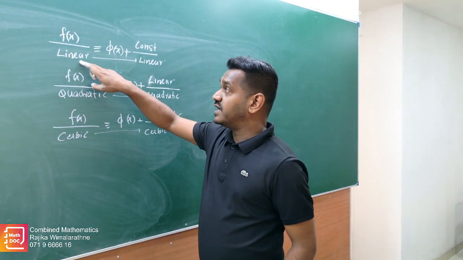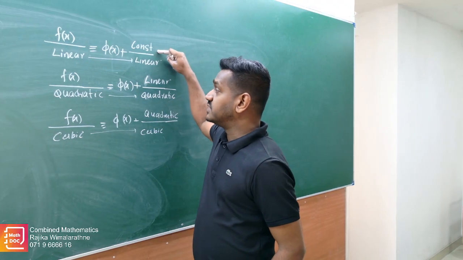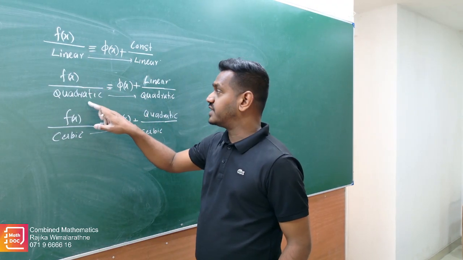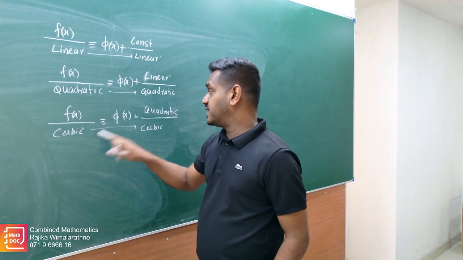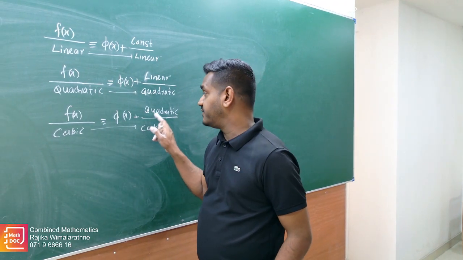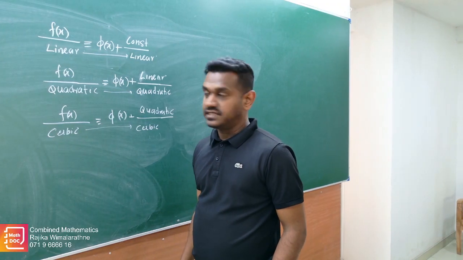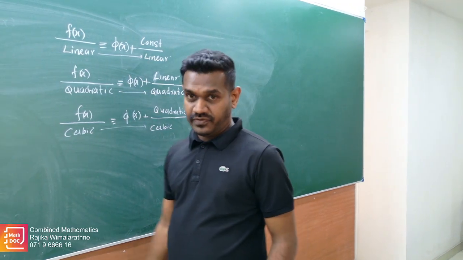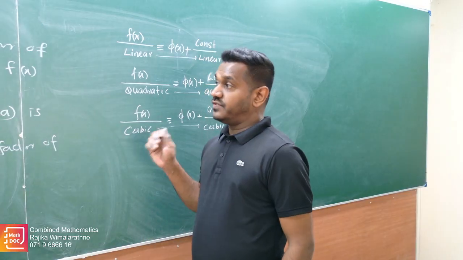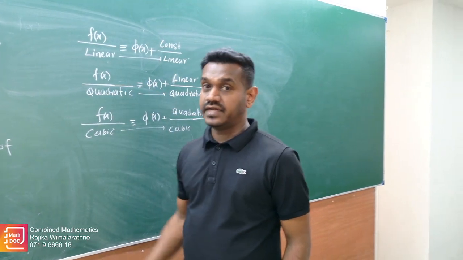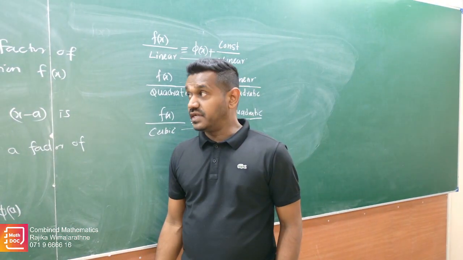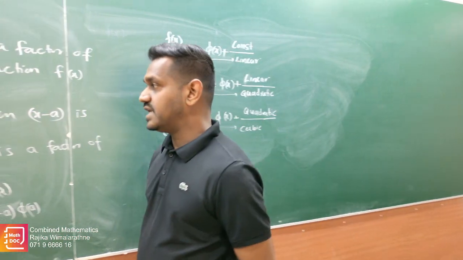When f(x) is divided by linear, the remainder is constant; by quadratic, linear; by cubic, quadratic. So that is about polynomial functions. Further, we have another special property for repeating factors. Let's see that.